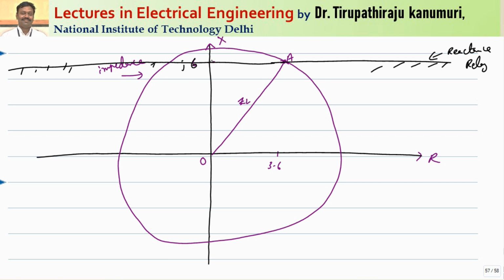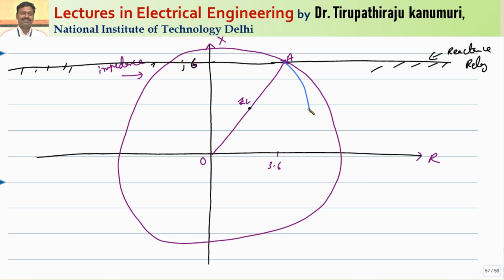Now coming to the third relay, that means the Mho relay. For the Mho relay, they told that the center of the Mho relay circle will lie on this line. So take this OA divided by 2. That will be the radius, and with that radius draw the circle. That gives the Mho relay.